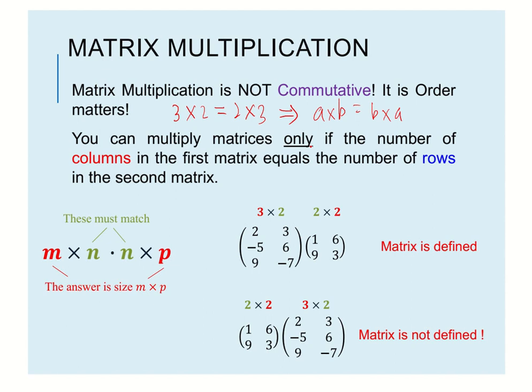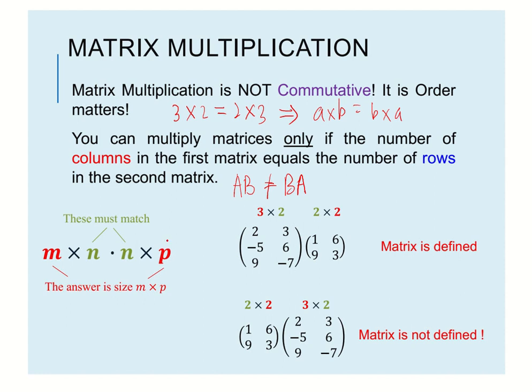However, for matrices, the multiplication is not commutative, right? It means that matrix A times matrix B is not matrix B times matrix A. So A multiply B is not B multiply A in matrix. So we call that it is not commutative.